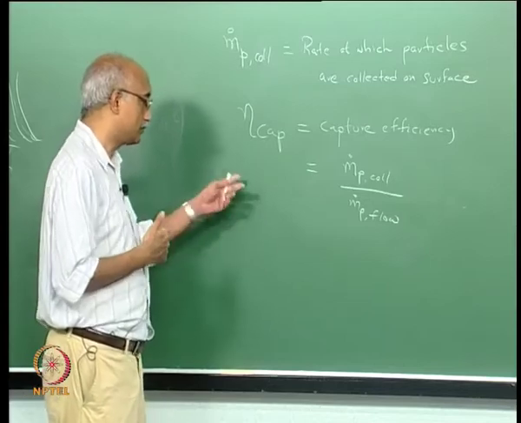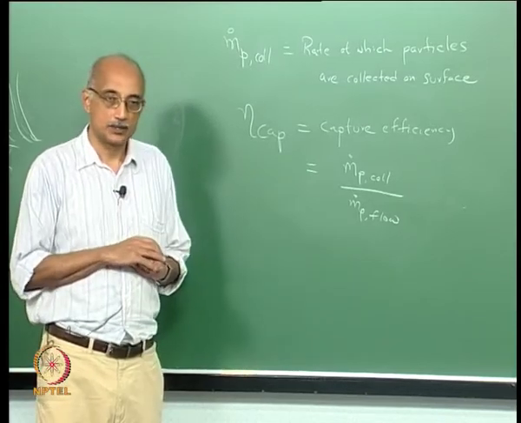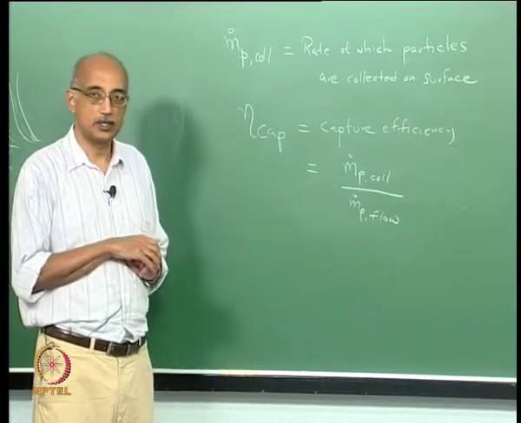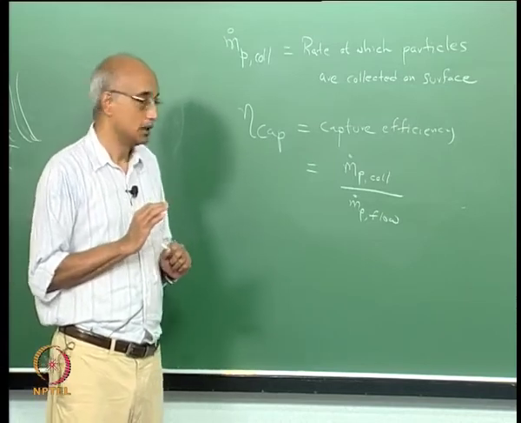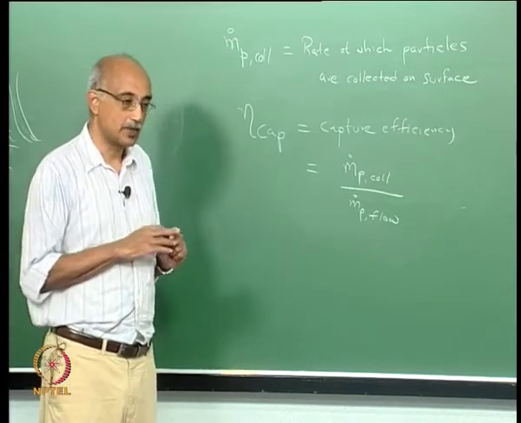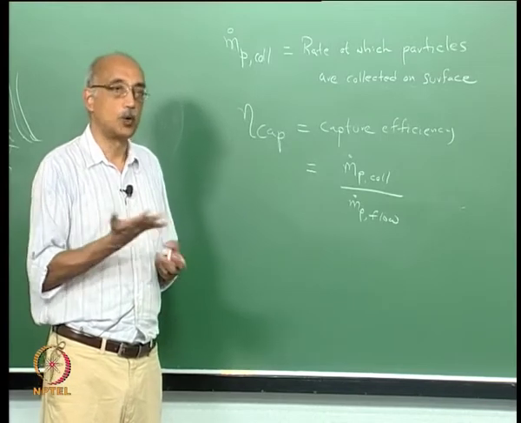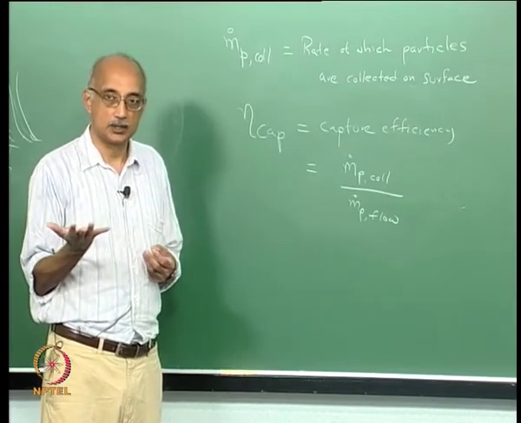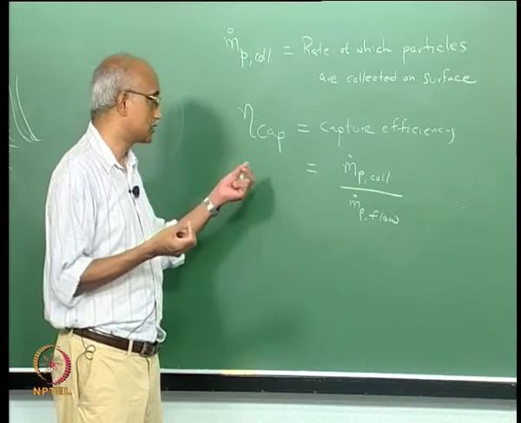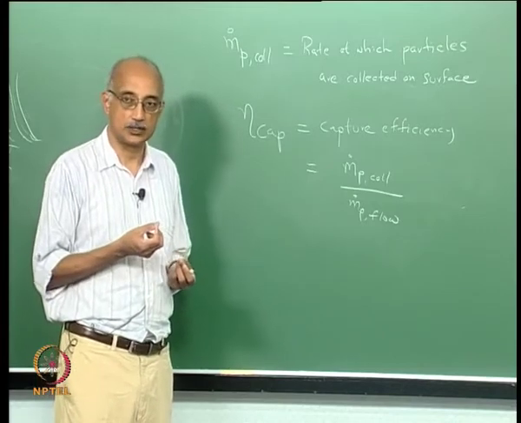Now, in many process industries, this capture efficiency is a very, very crucial parameter. In some cases, for example, in power plants, the rate of fouling of heat exchanger surfaces very much depends on this collection efficiency or capture efficiency.